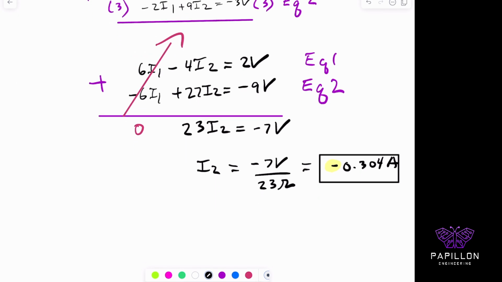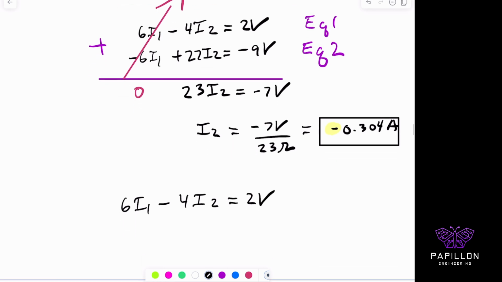So if I plug I2 back into equation 2 or equation 1, let's see here. Say I did 6I1 minus 4I2 equals 2 volts, and I plug in minus 4 times minus 0.304, and again, I'm rounding a little bit, equals 2 volts. I'm going to punch this all into my calculator so we can see what we get.